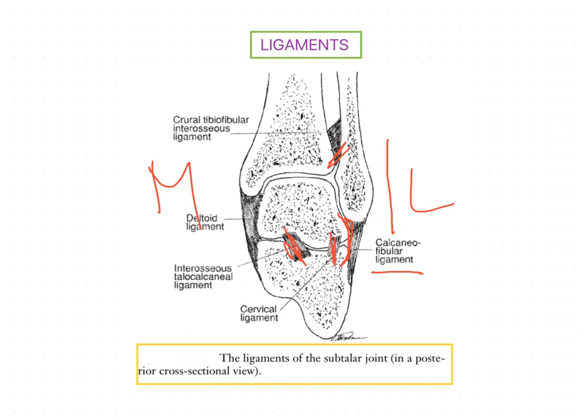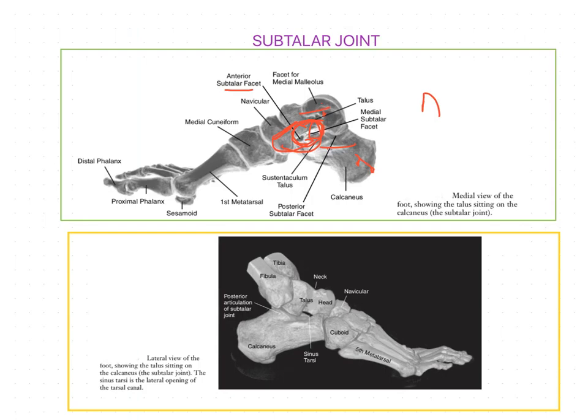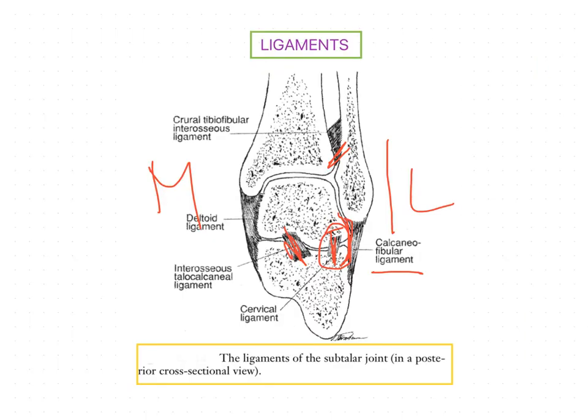Out of this, the cervical ligament is the strongest of the talocalcaneal ligaments. So this ligament is very strong here, and it lies in the anterior sinus tarsi. We found the sinus tarsi in the lateral aspect, isn't it? That is the large opening of the tarsal tunnel. On the anterior aspect of this sinus tarsi, the cervical ligament is present.